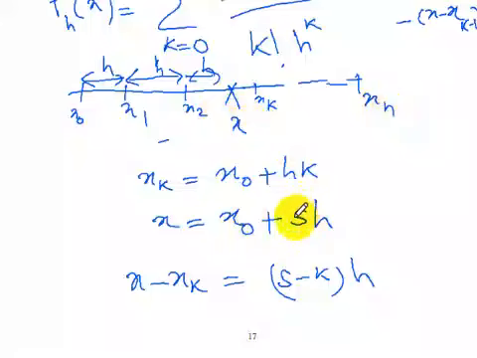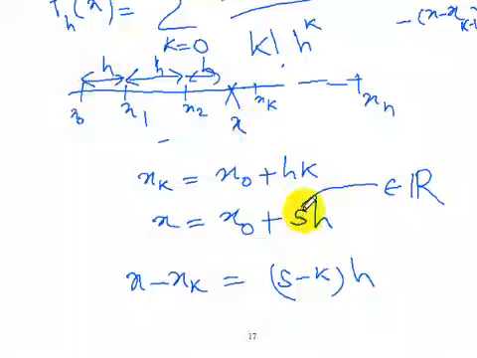So here s is a parameter. It can be any real number. So x is equal to x naught plus h times this real number.